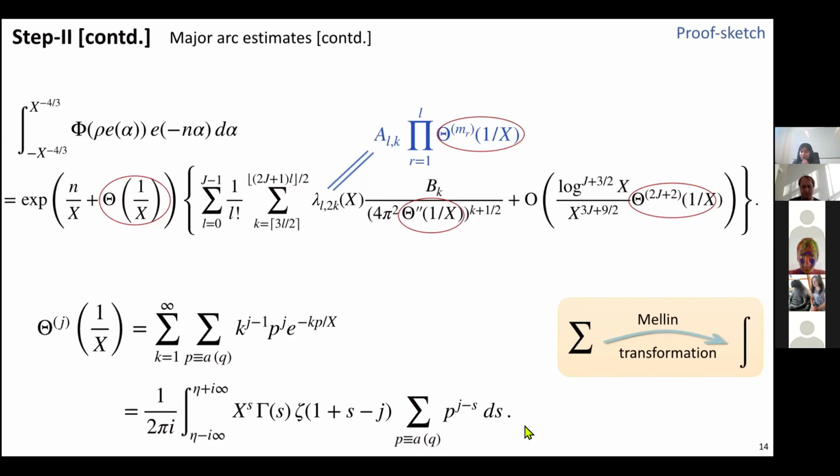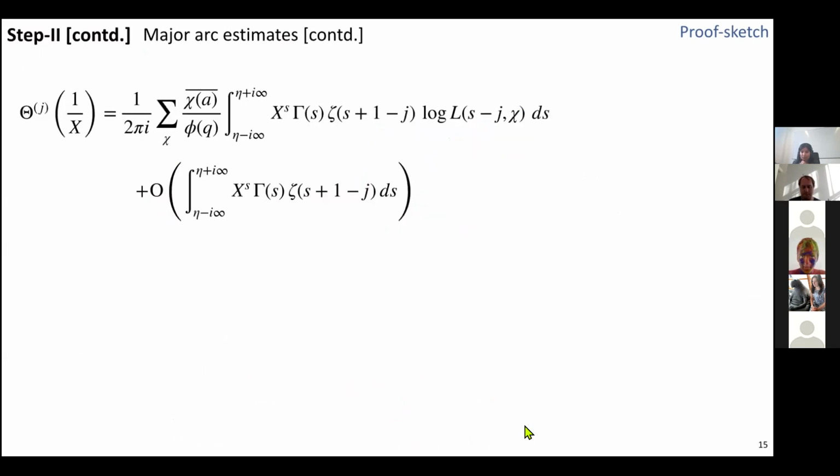So this turns out to be similar to log zeta rather than zeta. But now we also have this congruence condition. So p is congruent to a mod q. So now you have switched from zeta to the Dirichlet characters, log L. Okay. So you will have this log L factor.